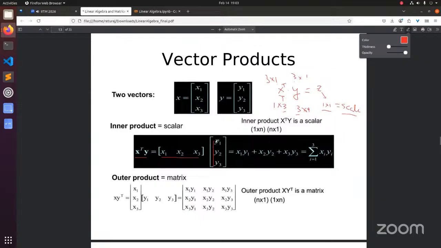So x1 into y1, plus x2 into y2, plus x3 into y3. And this became a single value, which is a scalar value. And this is a nice way of writing summation over xi, yi, i going from 1 to 3. This is just the short form of writing this thing. So everyone is okay with this part? Yes, sir.